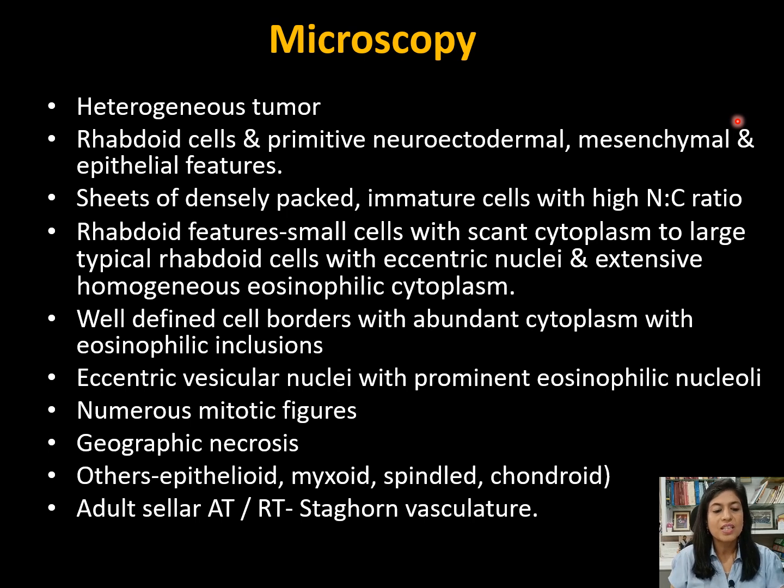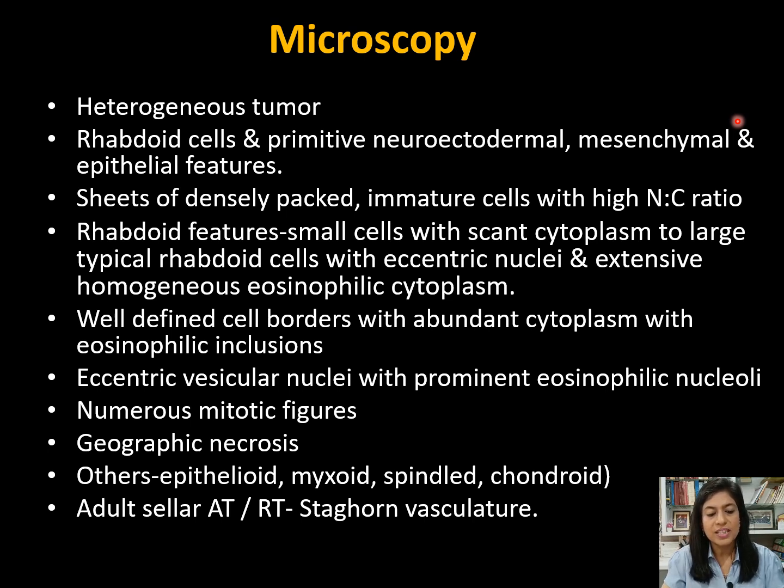Now, these cells may be small cells with scant cytoplasm to large typical rhabdoid cells with eccentric nuclei and extensively homogeneous eosinophilic cytoplasm. These cells have well-defined cell borders with abundant cytoplasm and eosinophilic inclusions.